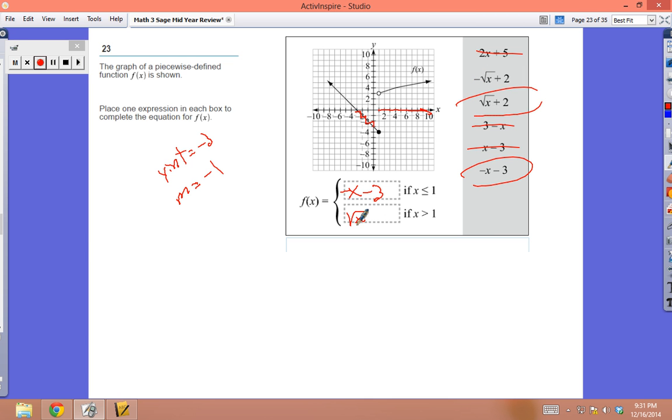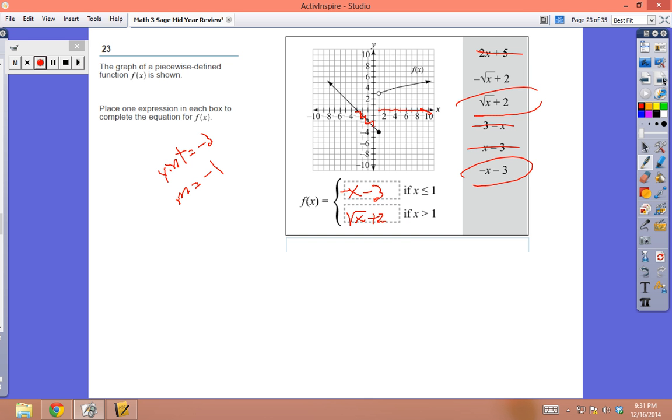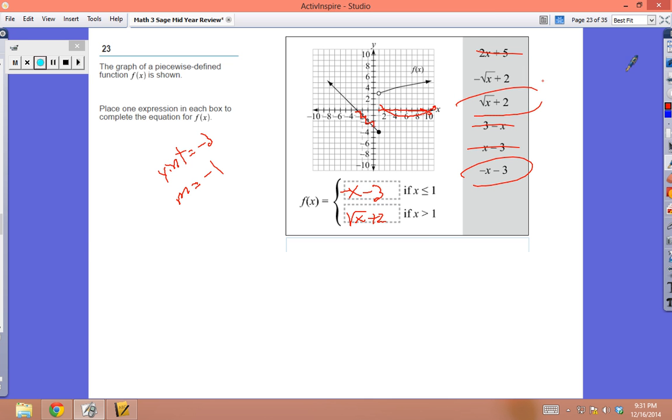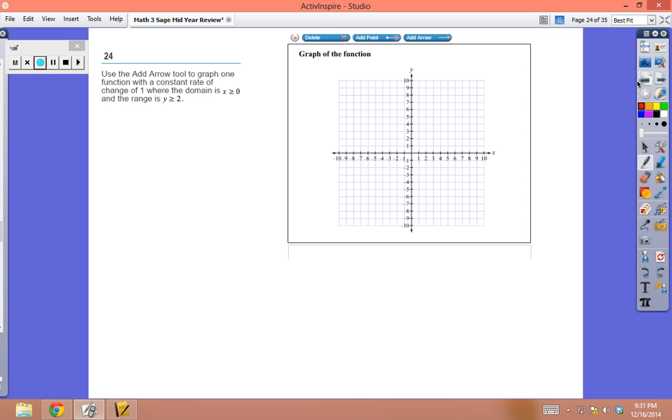So this is going to be radical x plus 2. And you can type these in on your calculator and look at what the graph looks like and see which one's going to be the better one to pick. But I know this negative is going to flip it upside down, so it would look something like that.